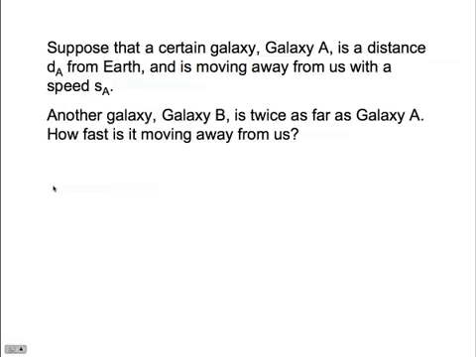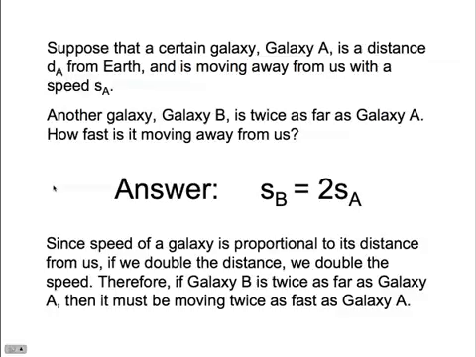The answer is that since the recessional speed is proportional to distance, then galaxy B should be moving at twice the speed as galaxy A. The reason is that the speed of a galaxy is proportional to its distance from us. If we double the distance, we double the speed. Since galaxy B is twice as far as galaxy A, then it's moving twice as fast.